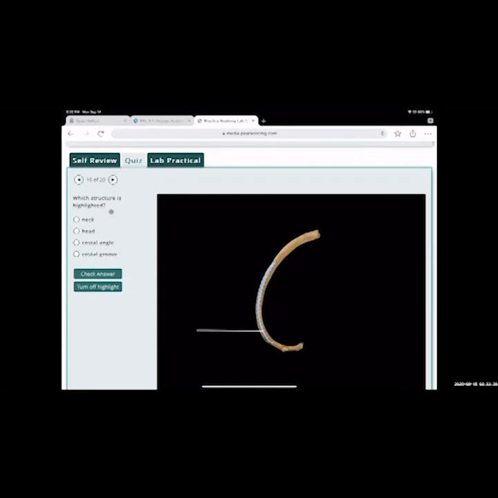All right. What structure is highlighted? Angle. Costal angle. Well, costal groove. The angle is a point where the head and neck turn into the body. But this looks like it's highlighting here, let me turn off the highlight.